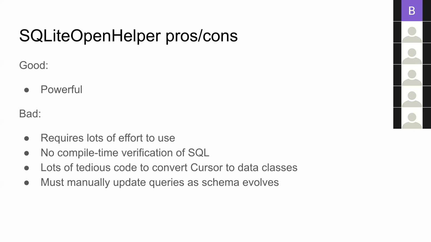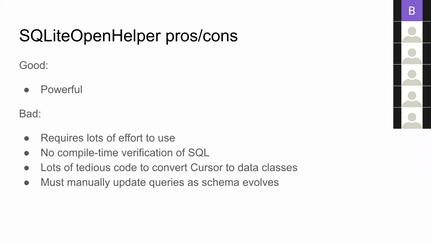And so that's going to take a lot of pretty tedious code to convert this cursor data, to figure out what's in each column, what the order is, et cetera, and convert that into the appropriate fields of your model objects.